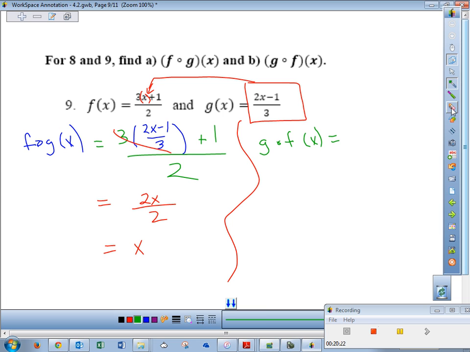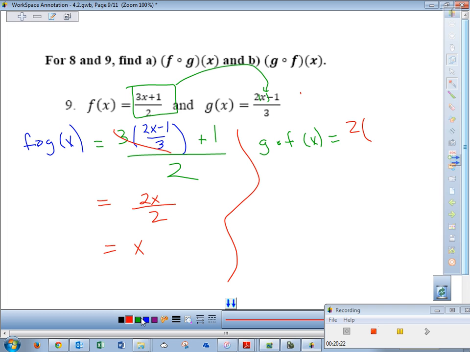I need to go the other way around. I need to put this in for x here. 2 times (3x plus 1 all over 2) minus 1, all over 3 again.